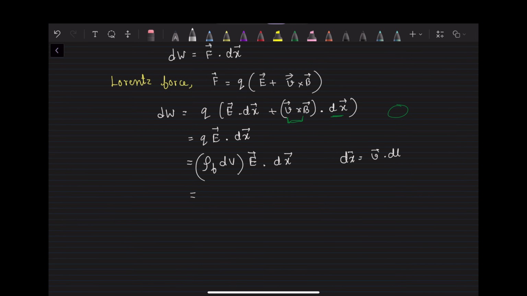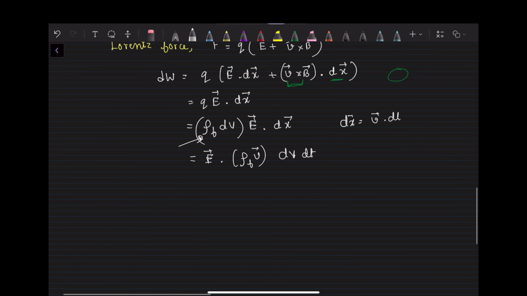So now what do we have here? We have the electric field term, then we are talking about only free charges here, okay. This charge density is free, that F means free. Then we have velocity, then volume element, then dt.